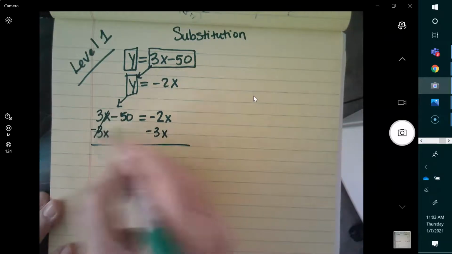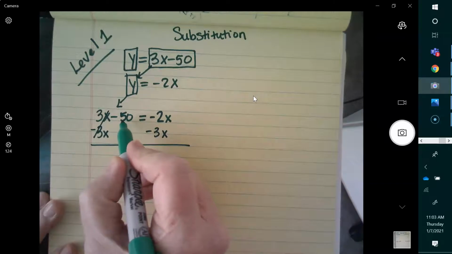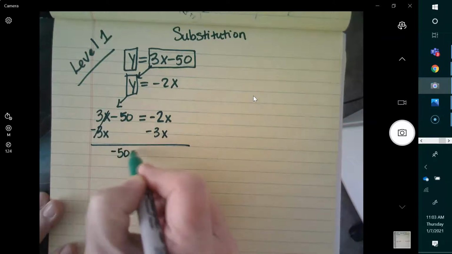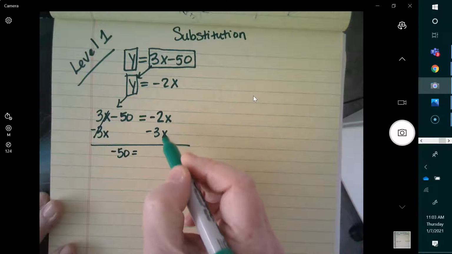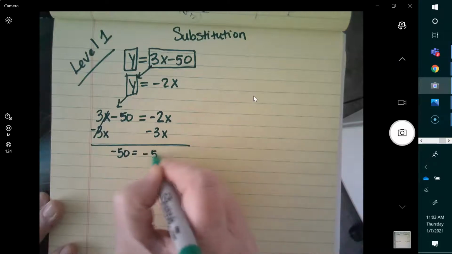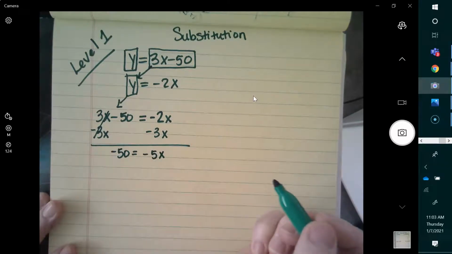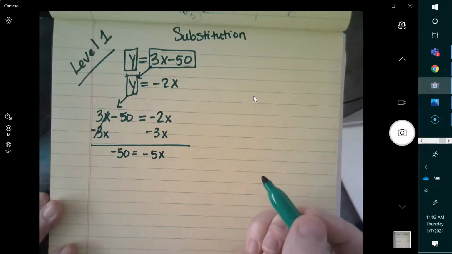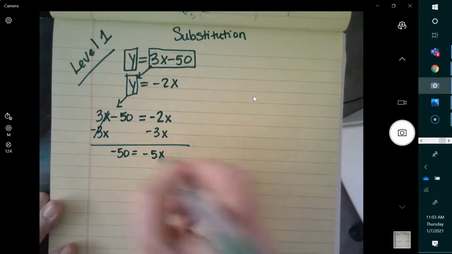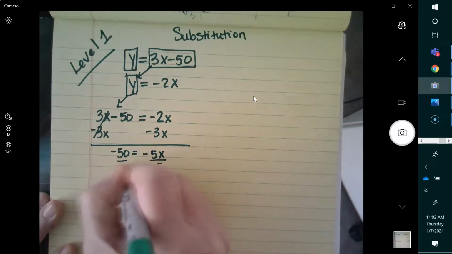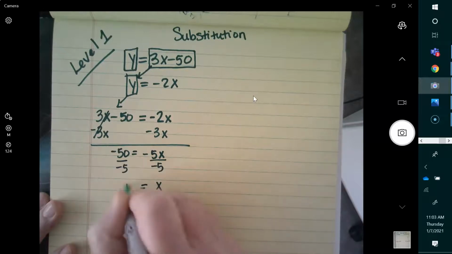It's going to cancel from here. It's going to leave me with negative 50. Don't forget that negative sign. Negative 2x combined with negative 3x is negative 5x. So now I'm ready to divide. Divide by negative 5, x is 10.